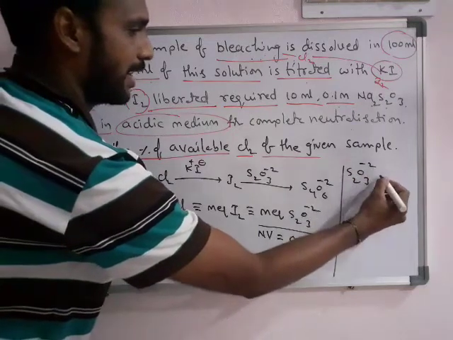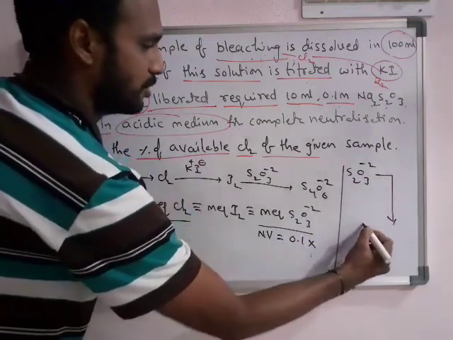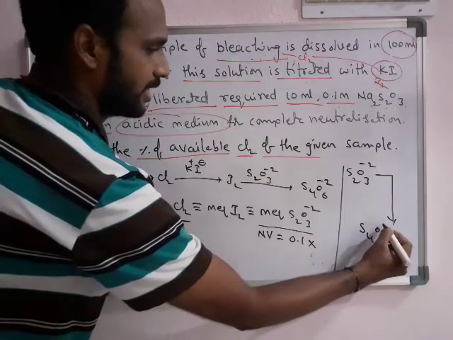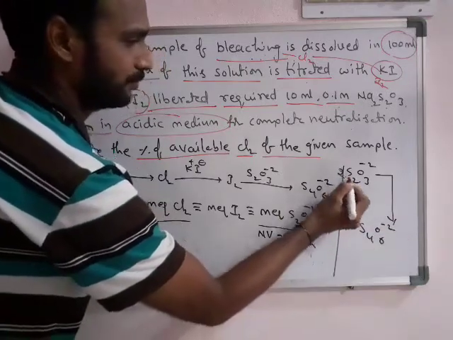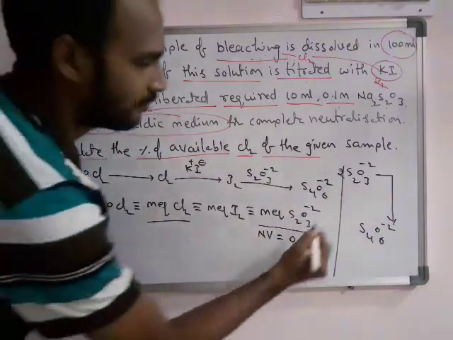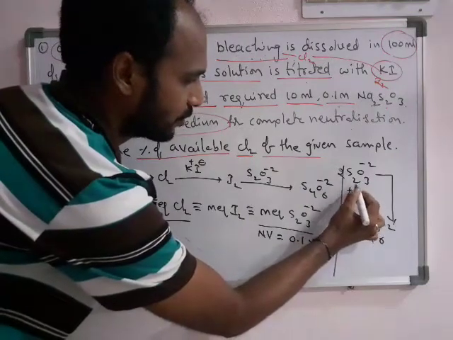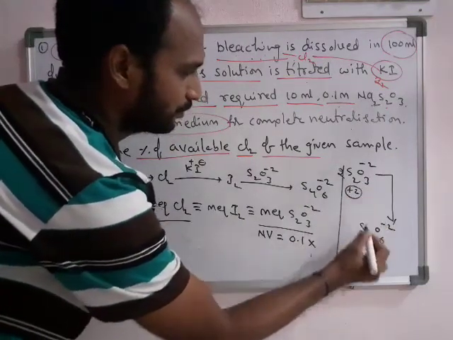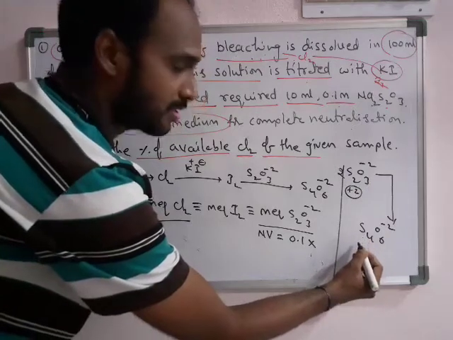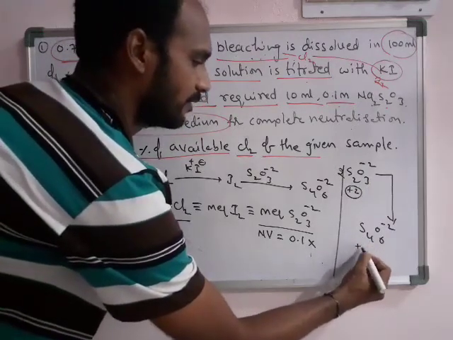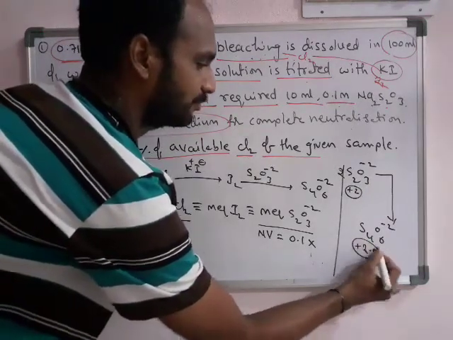And what is the N factor? Here S2O3 minus 2 changes to S4O6 minus 2. Here the sulfur oxidation number, if you calculate, we will get plus 2. Here if you calculate the sulfur oxidation number it will be plus 2.5.